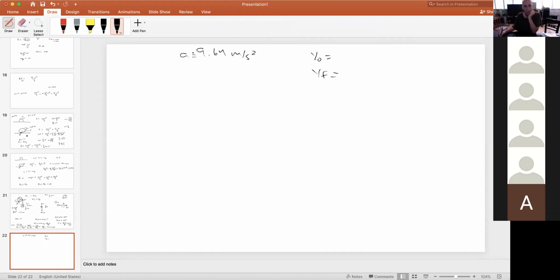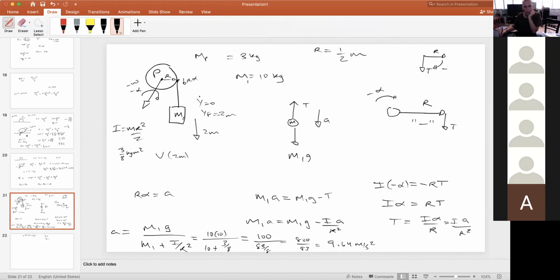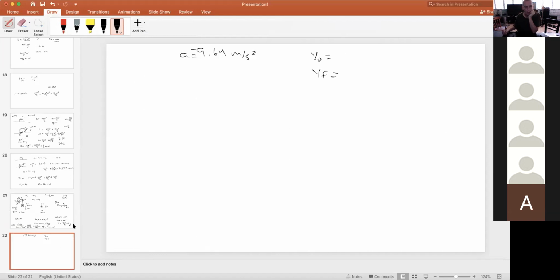My acceleration is actually in the negative direction if I'm defining y to be positive up. Or what I could do is not call it negative. So let's not do that. And we would say this is 0 and this is 2. So this block drops from 0 to 2 meters with an acceleration of 9.64.